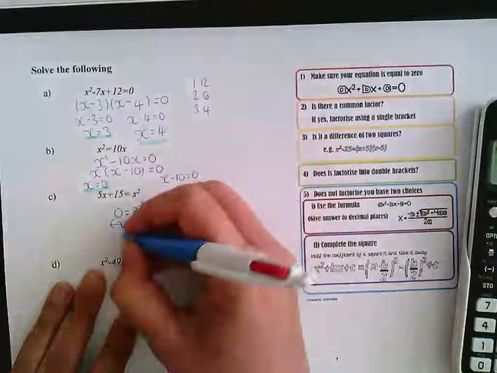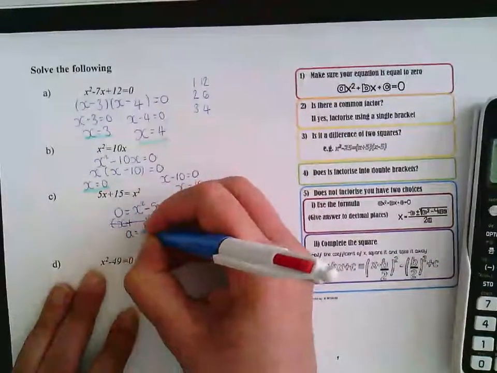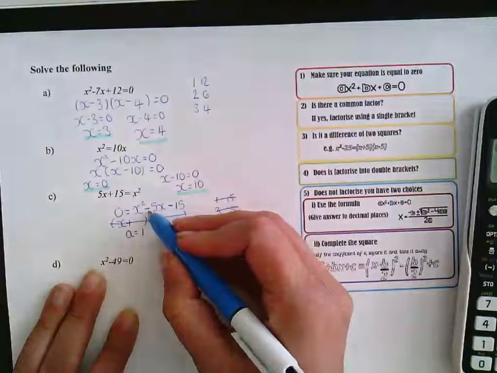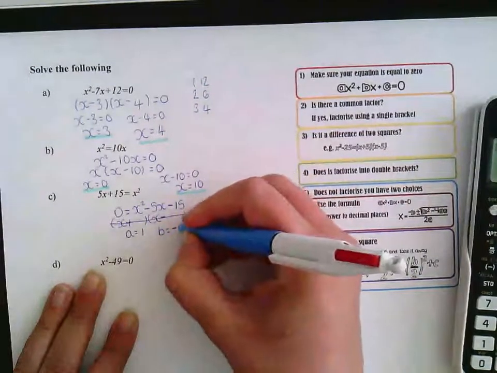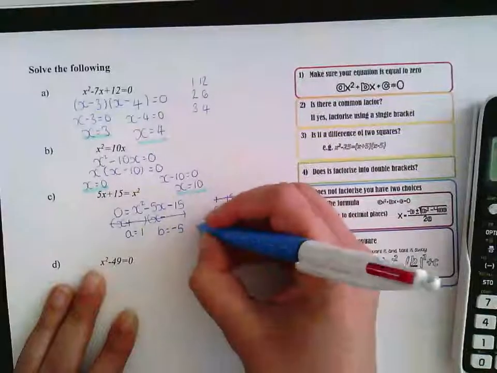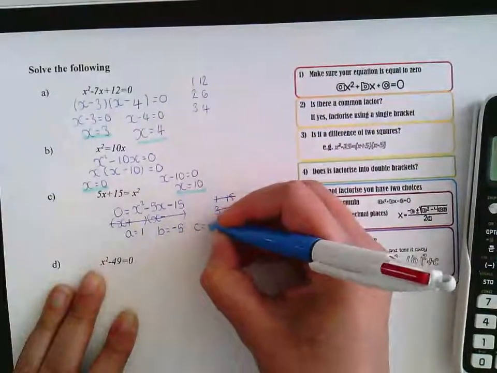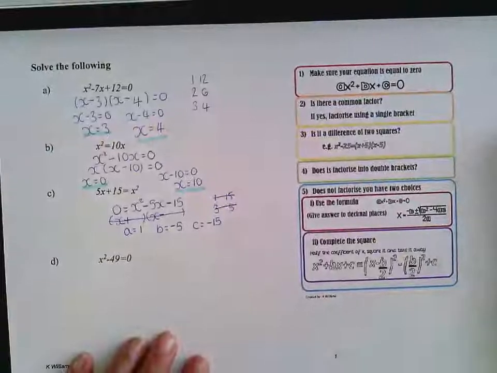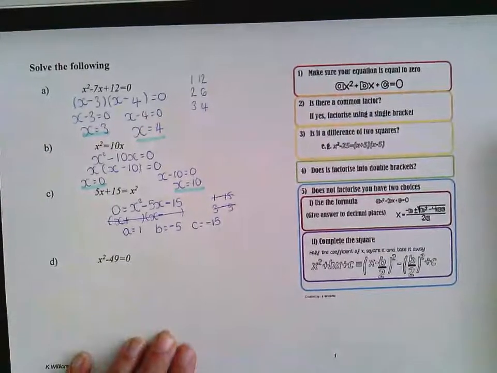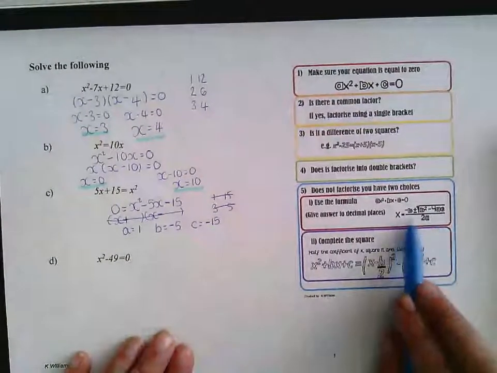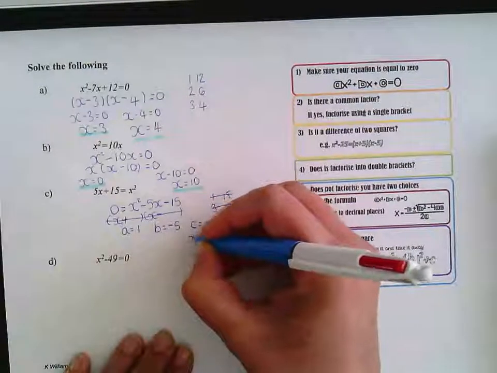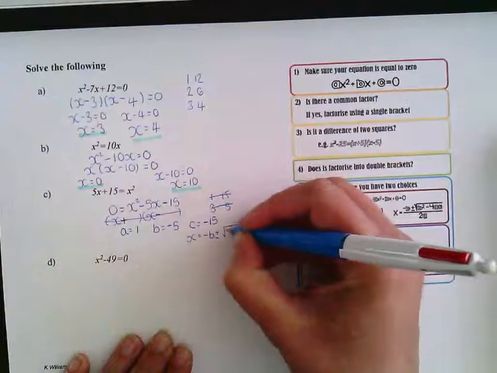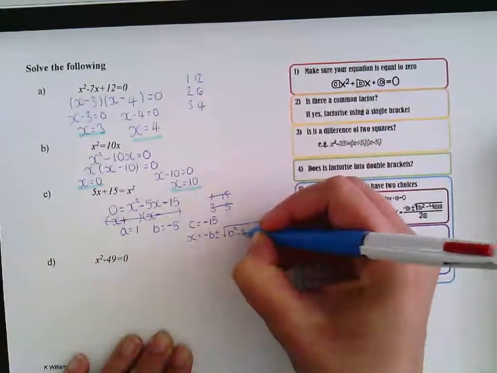Okay, a is the number in front of x squared, so a is 1. b, the number in front of x, is minus 5. And c is minus 15. Okay, now we do need to have this formula memorized for the exam, but at the moment I've got it here just to help me. I'm just going to write it down because every time I write it down, it helps me remember the formula.